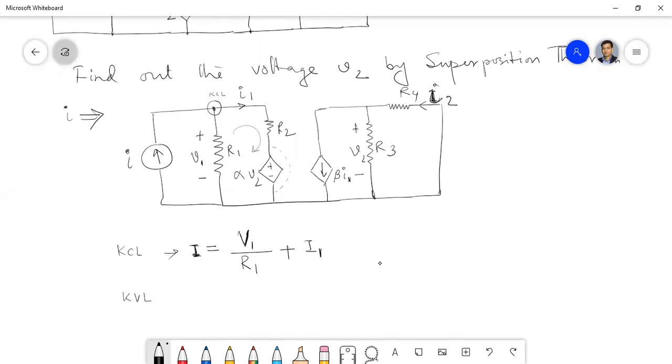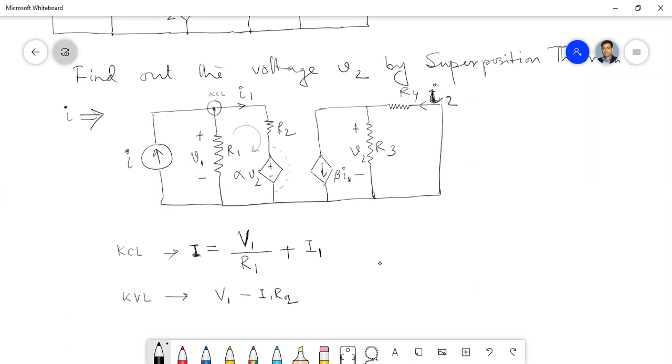কেন? Yes, in the left loop there is I current. So I1 minus I into R1. You already have this V1. Suppose you directly take V1, it is already defined. So minus V1 plus alpha V2 minus I1 R2.